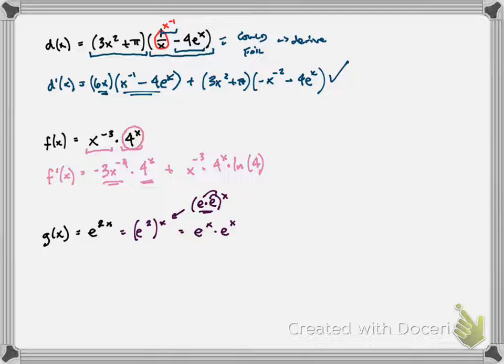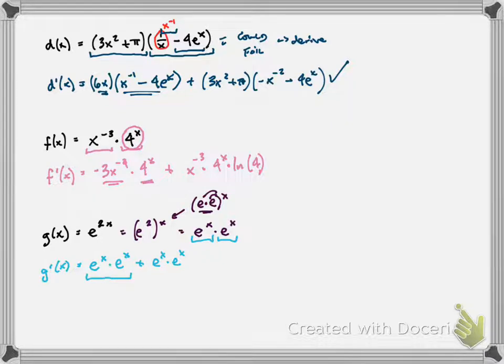Now, the reason I'm writing it in this case as e to the x times e to the x is because I want you to see the product rule at work again. So g prime of x is the derivative of the first, e to the x, times the second, e to the x, plus the first, e to the x, times the derivative of the second, e to the x.